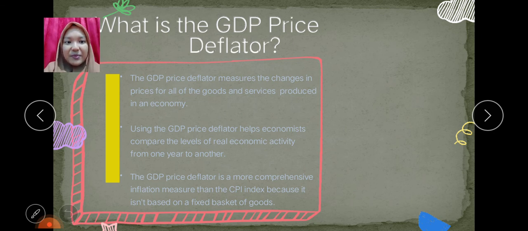Using the GDP price deflator helps economists compare the levels of real economic activity from one year to another. And the last, the GDP price deflator is a more comprehensive inflation measure than the CPI index because it isn't based on a fixed basket of goods.